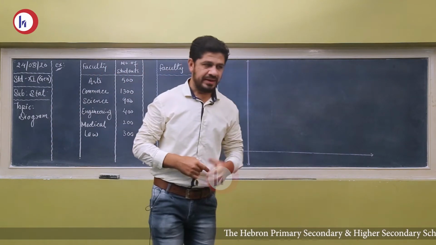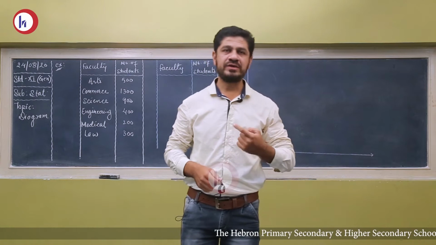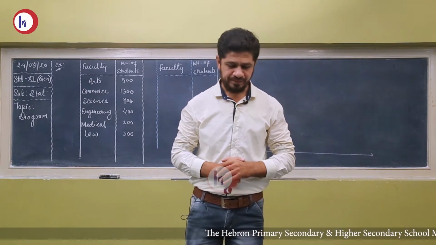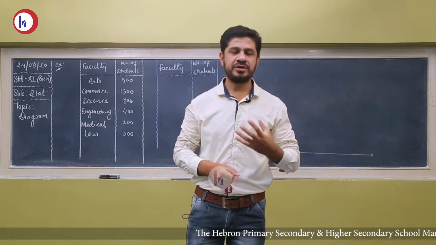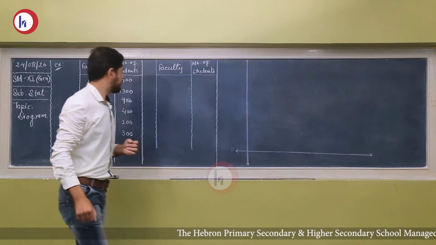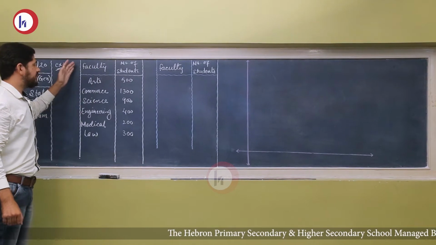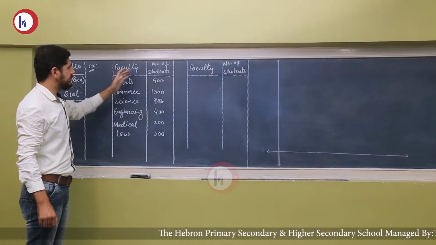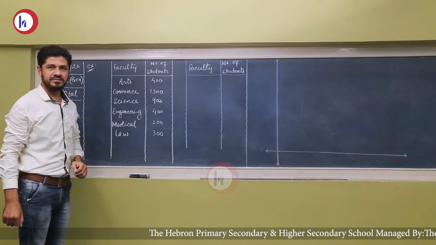Students, bar diagram considers only one characteristic of the data. It is used to represent place, things and time. Here we have the different faculties and the number of students.